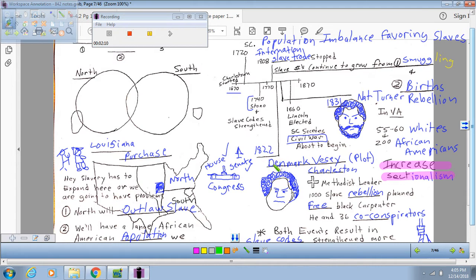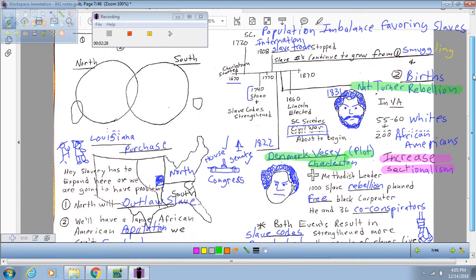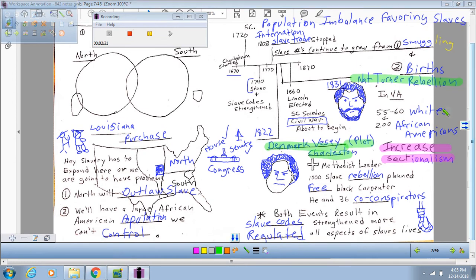Two slave rebellions, but really only one occurred, were the Denmark Vesey plot that happened in Charleston and the Nat Turner Rebellion. Both of these had several effects. One, they increased sectionalism. Two, whites were scared of slaves more. It increased the fear among whites. And three, the slave codes were strengthened more due to that increased fear.